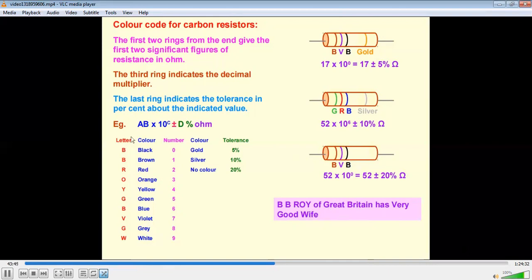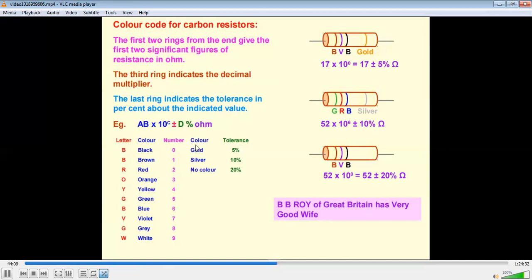And wife means white. So using this sentence, we can memorize the whole part here. Okay. That means black, brown, and it will start with digit 0 to 9. There are 10 types of color. And using the sentence, BB Roy of Great Britain has very good wife, we have to memorize this color code.